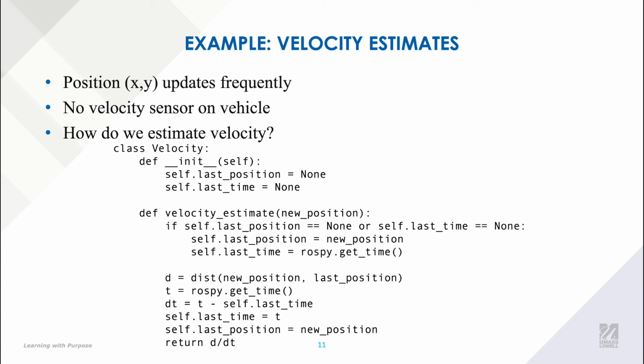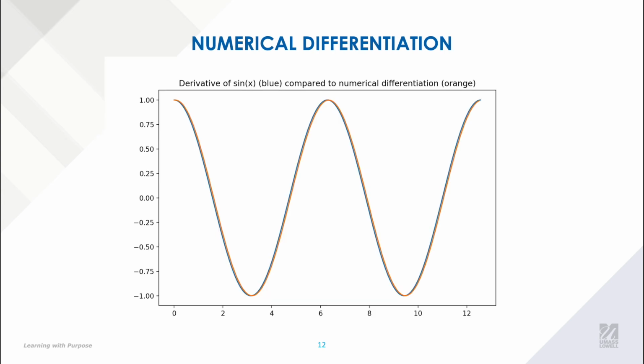So pretty simple. How does this work in real life? Well, the blue line here is the derivative of a sine, and the orange line is the numerical differentiation of that same derivative. They're pretty close. Now, this was using a finer resolution than every 2 seconds you get an update. This was looking at more like 1,000 updates per X tick on the bottom there, which is meaningless because it's just a sine wave.